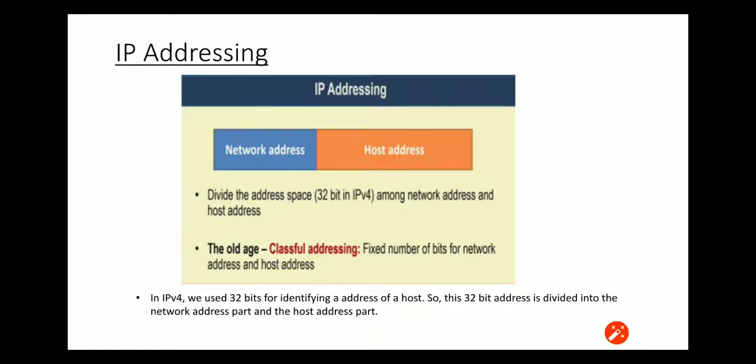So you have a fixed division between the network and the host, and accordingly the entire address space is divided into multiple classes. This particular concept we call classful addressing. Okay, so let's look into the classful addressing concept in a little more detail.